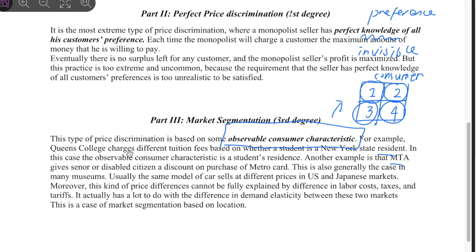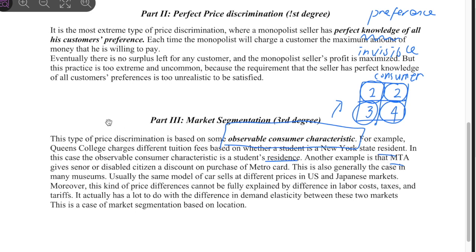So let's see. Queens College charges different tuition fees based on whether a student is a New York State resident or from a different state. So in this case, the observable consumer characteristic is the student's residence, right? If you are a New York resident, you will get a discount, and if you're a non-resident, you will not get that discount.